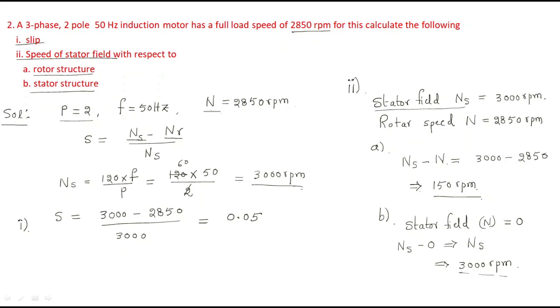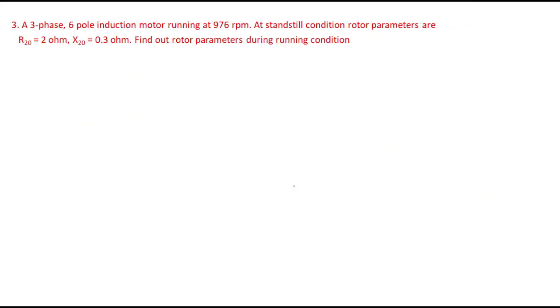Next, we will look into the third question. A three-phase six-pole induction motor is running at 976 rpm. At standstill condition, the rotor parameters are R2 naught equal to 2 ohms and X2 naught equal to 0.3 ohms.